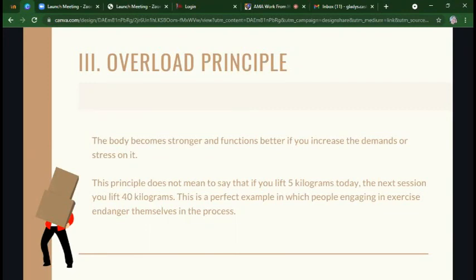They are only causing injuries in their bodies. We should take it one step at a time. If you lift 5 kilograms a day, maybe tomorrow you could add another 5 kilos or another 2 kilos to maintain the adaptation of our body.